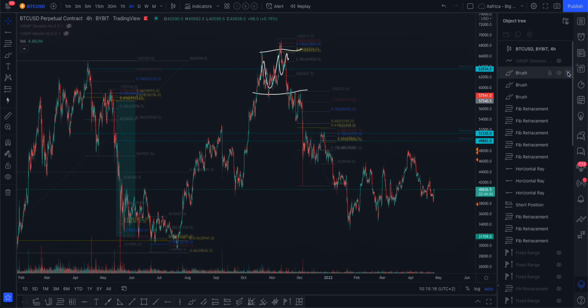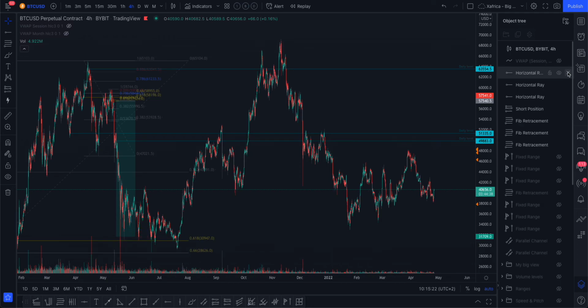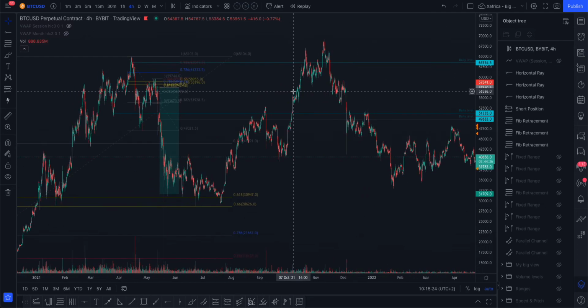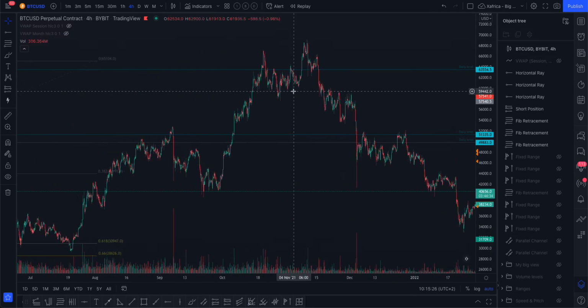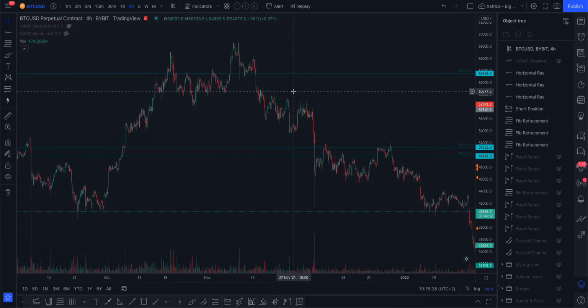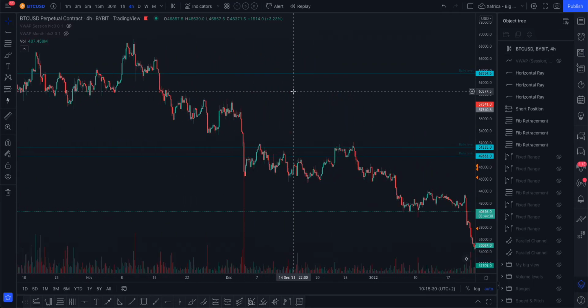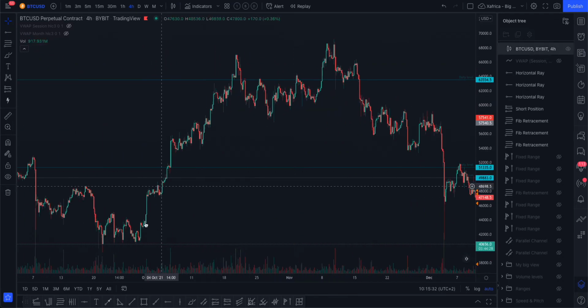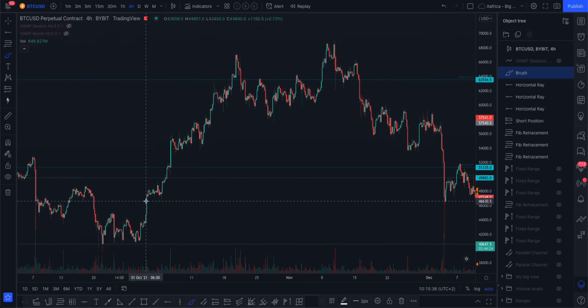I just want to explain what I mean by market structure change. So I'll just look at this one at the top here, trying to find something easy. So when you're in a trending market upwards, then you're making a higher high.